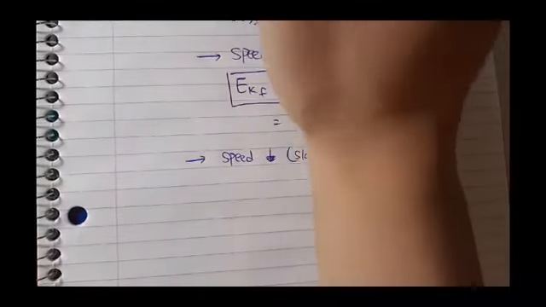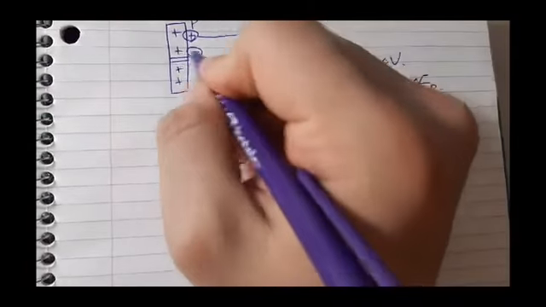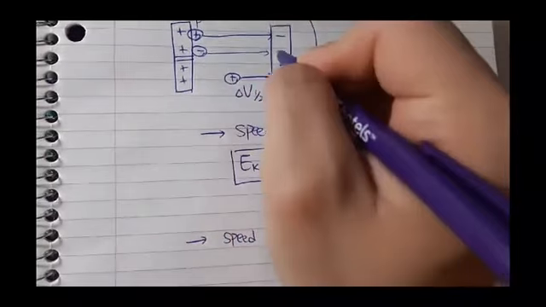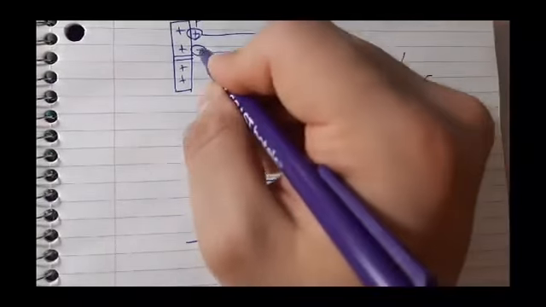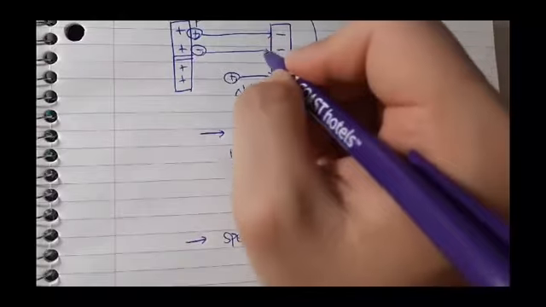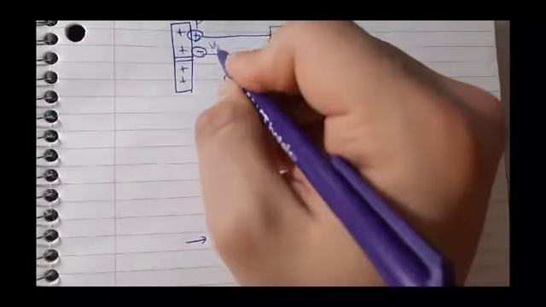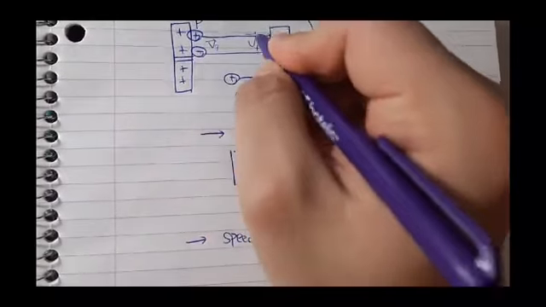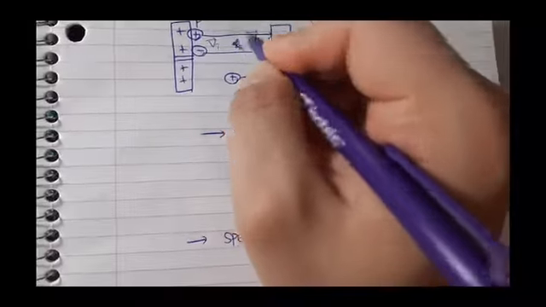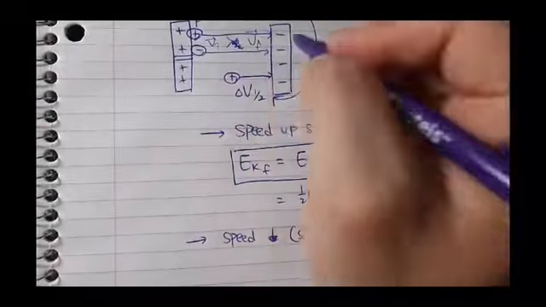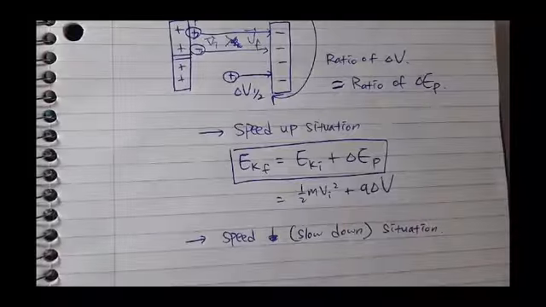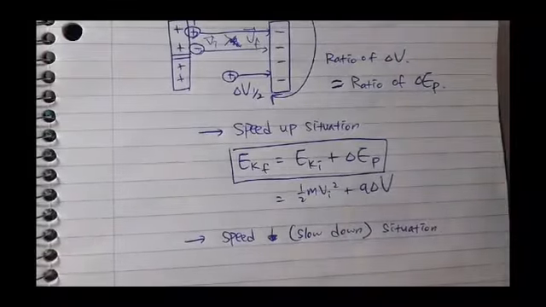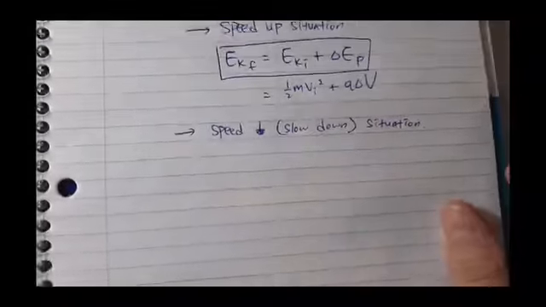Imagine an electron coming from the positive plate all the way to the negative plate. You may notice that these two are attracting and those two are repelling. So even if I have an initial speed over here, my final speed should definitely be smaller because they will oppose the force in the other direction. I know it's acceleration talking, but let's talk about it from an energy perspective.